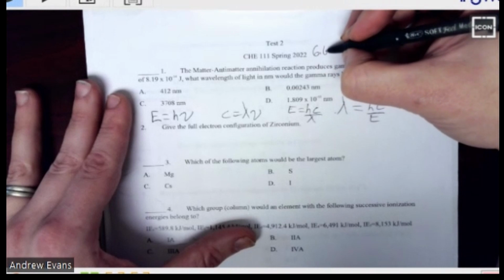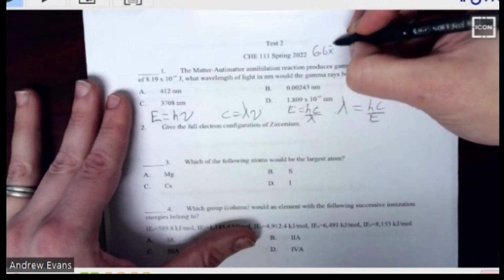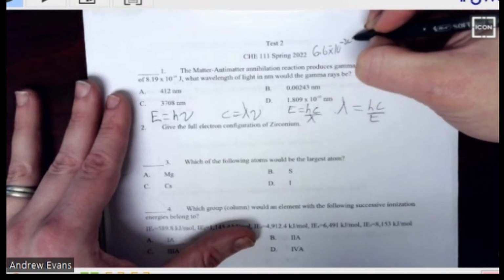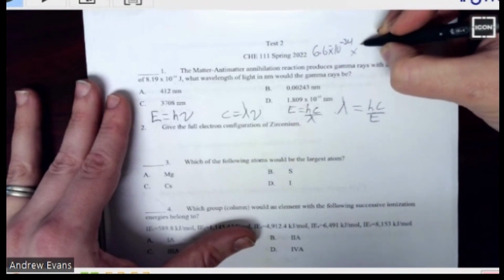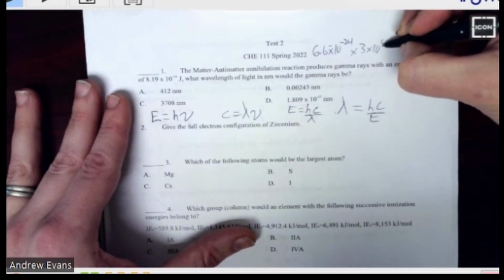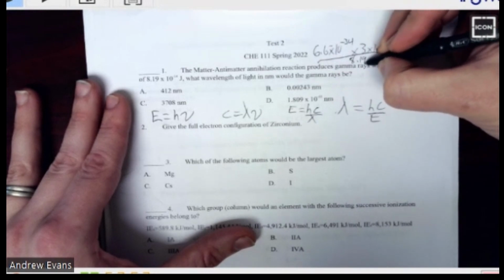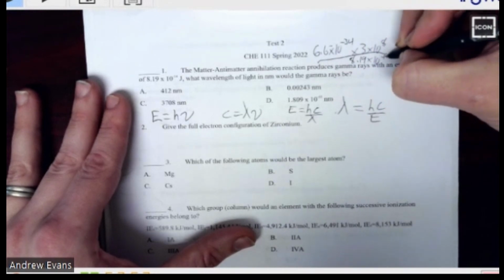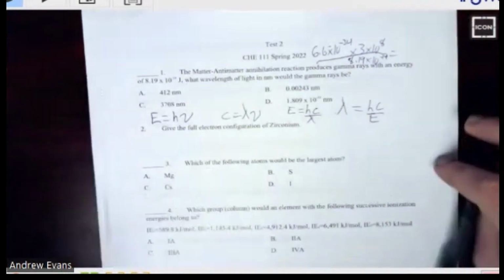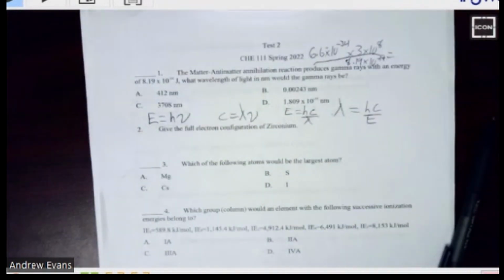H, 6.6, let's say, times 10 to the negative 34th. I'm just rounding. And times 3 times 10 to the 8th, divided by my energy, which is 8.19 times 10 to the negative 14th. Make sure we check our units properly. 6 times 3, 9.